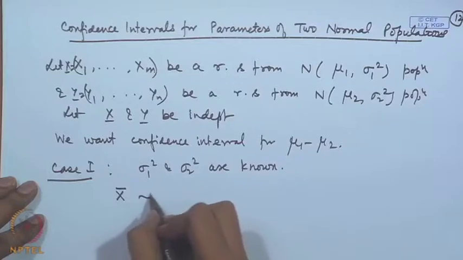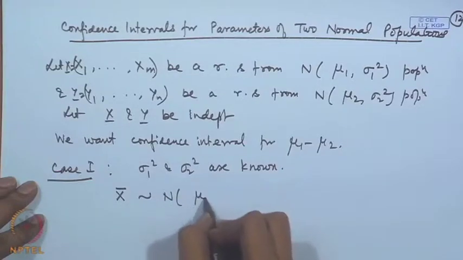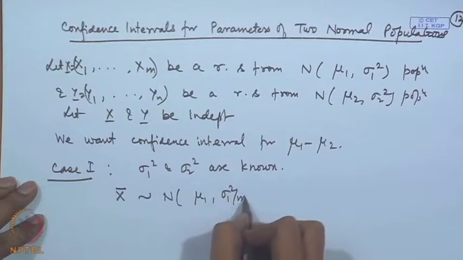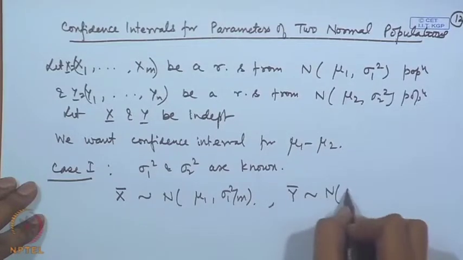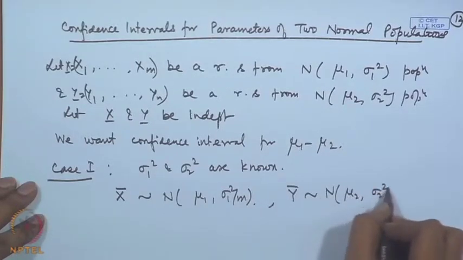The distribution of x bar is normal(mu1, sigma1 square by m). The distribution of y bar is normal(mu2, sigma2 square by n).